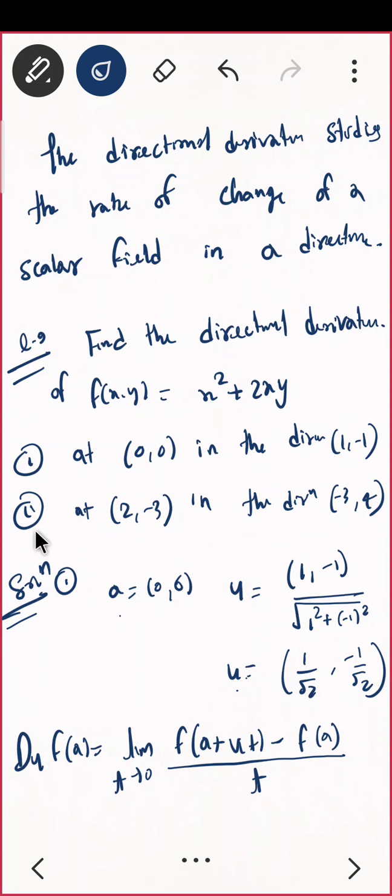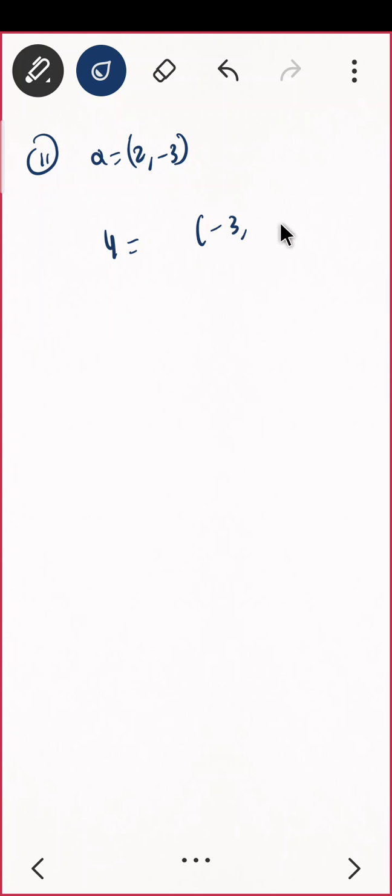Can you do the same for the second one? Start with the second one and do the same thing. In the second one, what is my e? E is 2 comma minus 3. And what is my u? U is the vector minus 3 comma 4. You have to divide it by the norm of this.